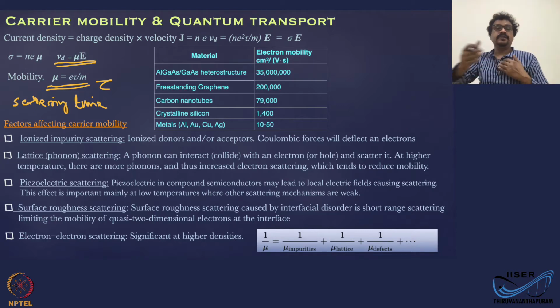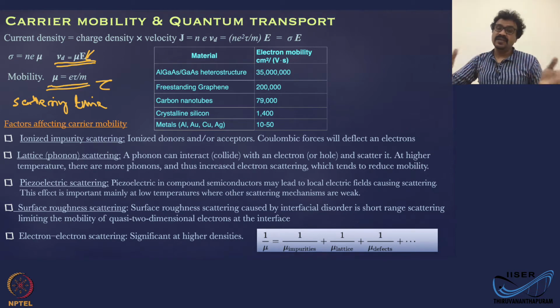The terminal velocity that the charge carriers acquire depends upon how long they get accelerated under the action of an electric field. That is the scattering time, because the moment it undergoes a scattering, that acceleration stops and the momentum and the velocity reset. So, the fewer the scattering events, the more the mobility.